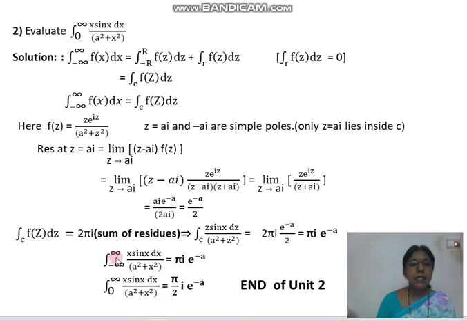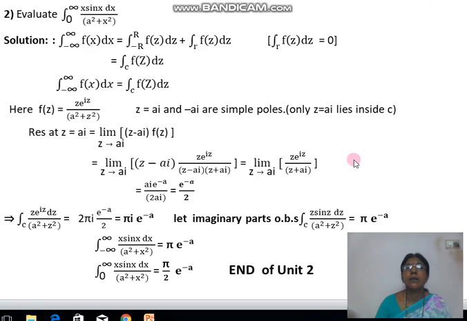The integral from minus infinity to infinity of x sin x dx by a square plus x square is equal to pi i e power minus a. Now the integral from 0 to infinity: the integrand is an even function, so it is 1 by 2 of this value, which gives 1 by 2 into pi i e power minus a.